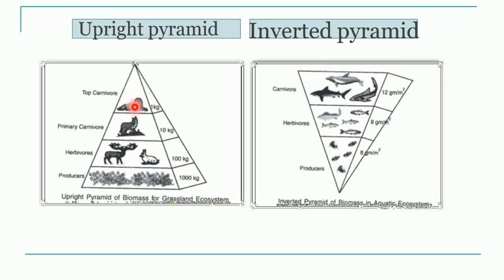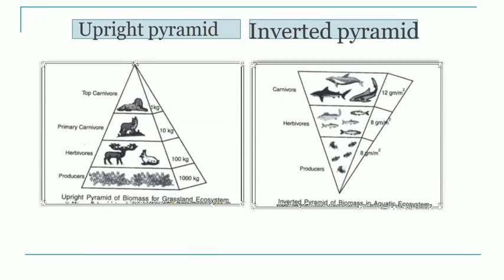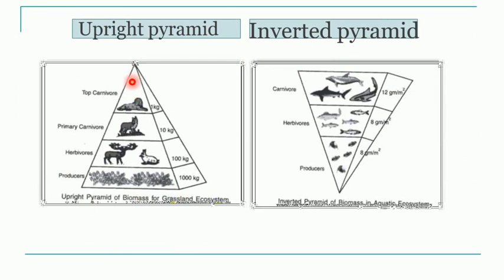They will have less weight. So obviously, if we go weight-wise, the pyramid will become constricted at the top. So it has a broad base and a narrow top. In a forest ecosystem, you always have a broad base and a narrow top.